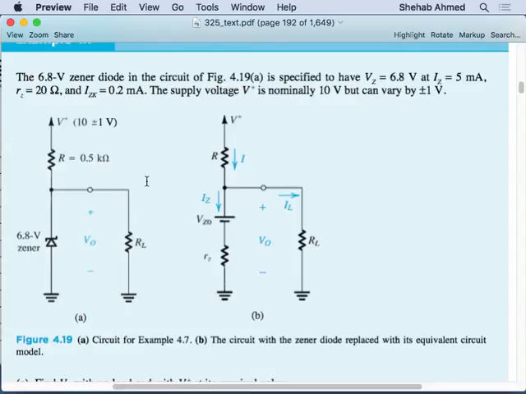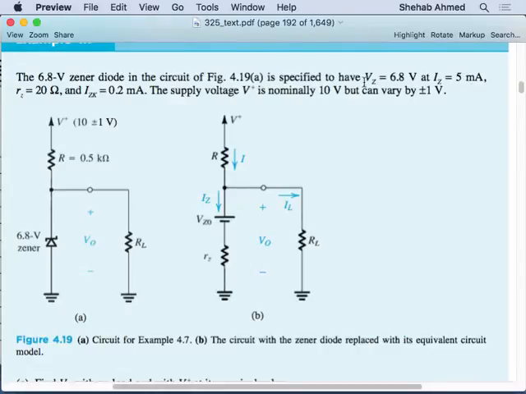Here's an example circuit. Here you have a resistor and a Zener diode and this load here. You have a 6.8 volt Zener diode in the circuit, specified to have VZ at 6.8 and IZ at 5 milliamps. This is your IZ test. This is your 6.8 volts, and this is your IZ test of 5 milliamps, at these two operating points.